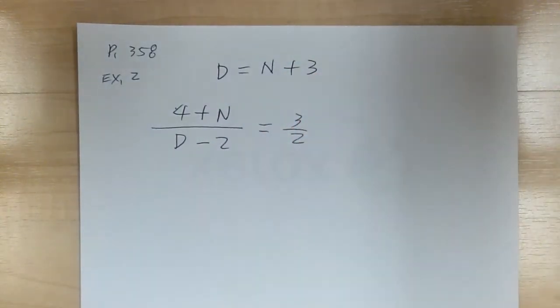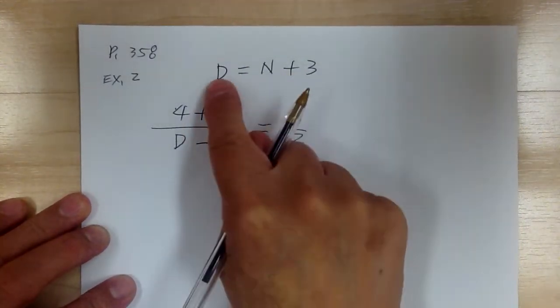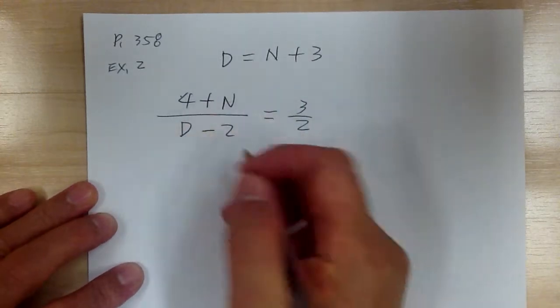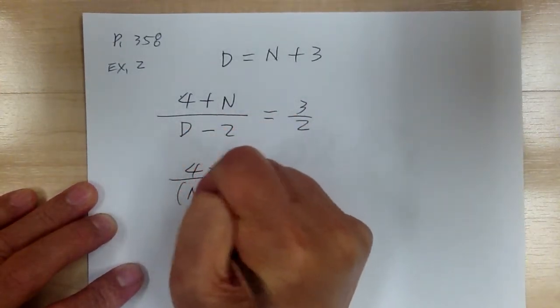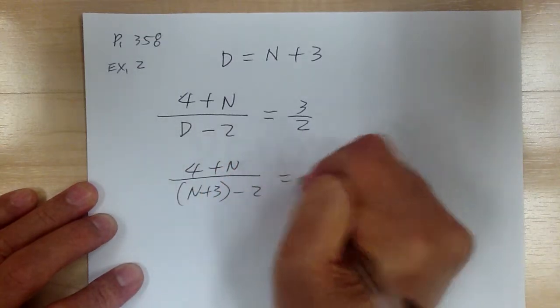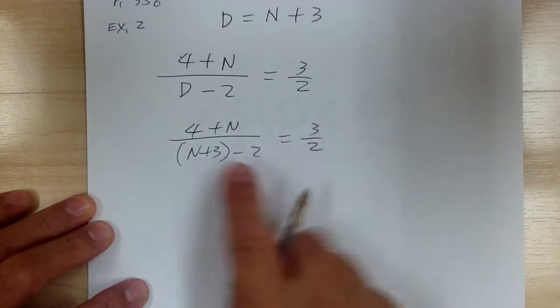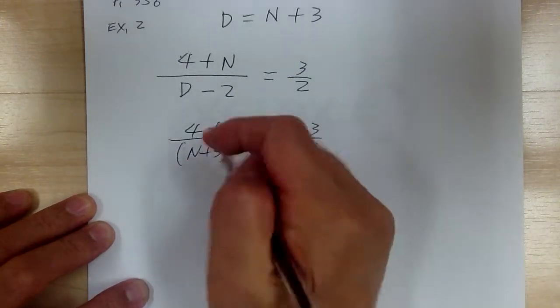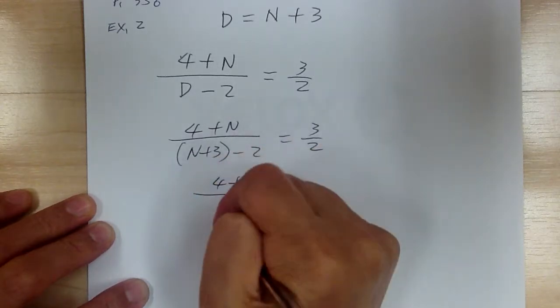Find the original fraction. So what you do is you have to substitute, right? d equal to n plus 3, so substitute into here. So 4 plus n over n plus 3 minus 2 equal to 3 over 2. So you want to simplify these things a little bit. So you got 4 plus n over, plus 3 minus 2 is plus 1, right?